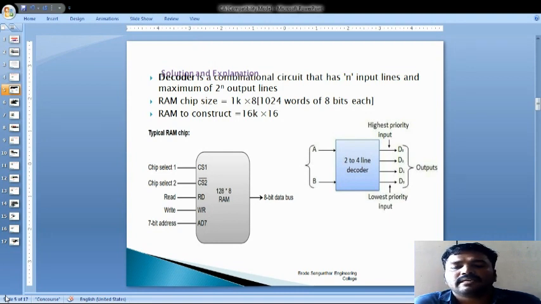The other component is a 2 by 4 line decoder. In this, the input lines are two, A and B, and the output lines are D0, D1, D2, D3. The highest priority is D3 and the lowest priority is D0. It converts two input lines to four output lines. So that is the decoder.